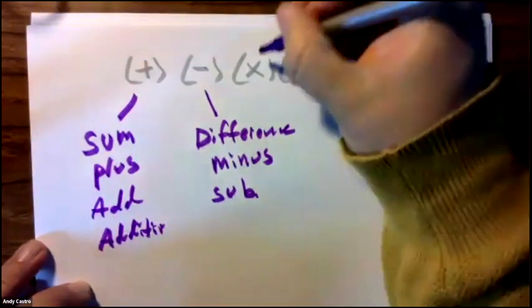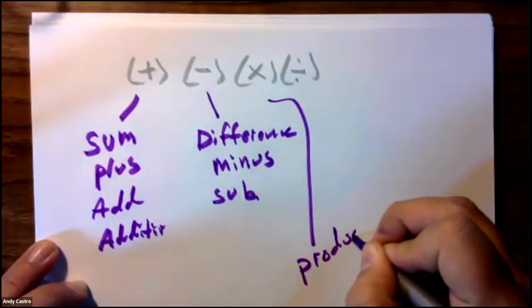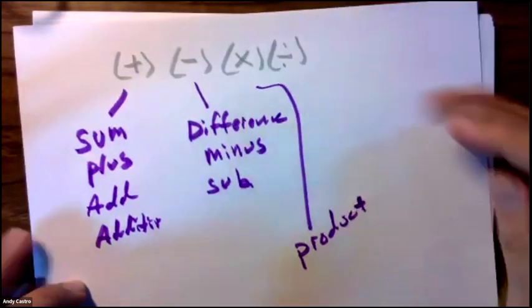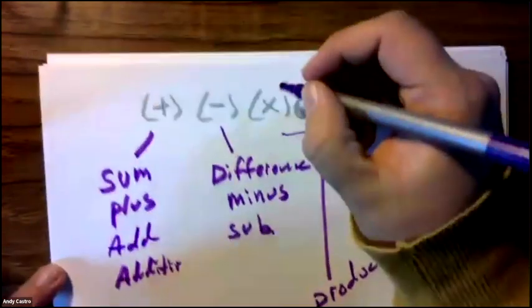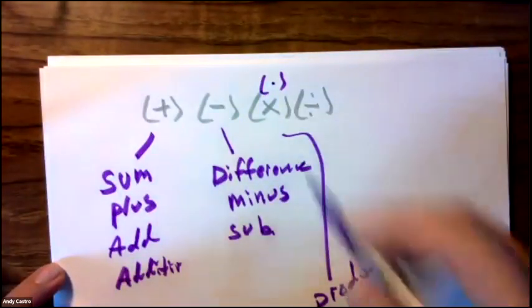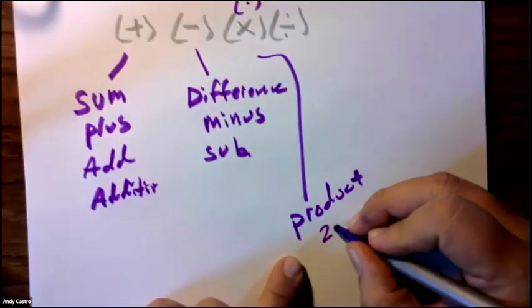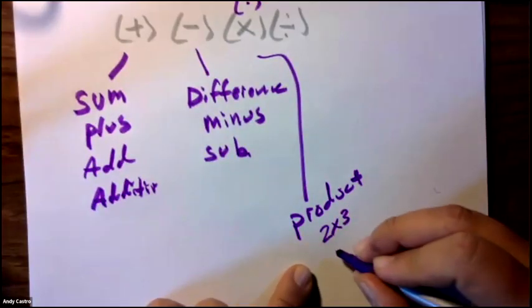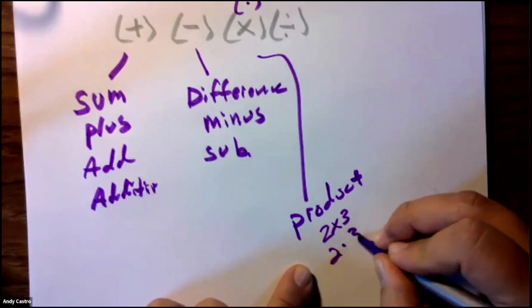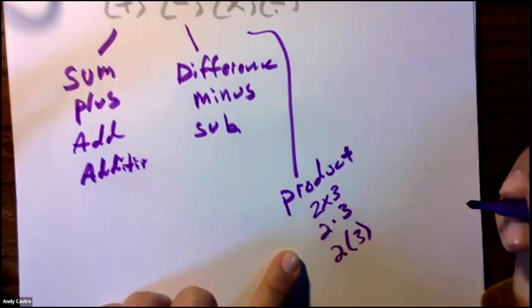All right, here we have product. A lot of times is a word used with multiplication. Multiplication can also be a dot, right? We talked about the different ways to look at two numbers being multiplied. So 2 times 3 can look like 2·3. It can also look like 2 with 3 in parentheses.